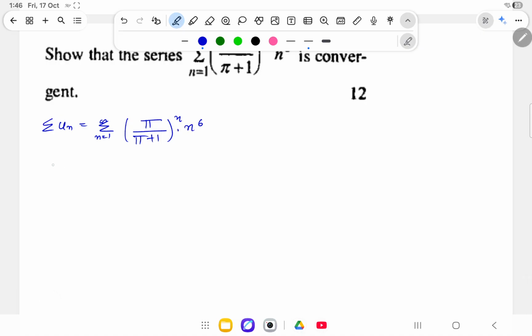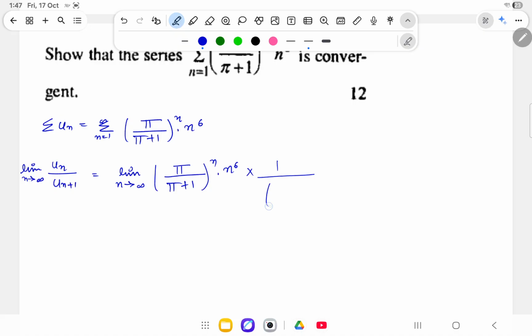For that we need to find this limit first, that is, limit n approaches infinity of un by un plus 1. So it will be equal to limit n approaches infinity of pi divided by pi plus 1 raised to n times n raised to 6, multiplied by 1 by pi divided by pi plus 1 raised to n plus 1 times n plus 1 raised to 6.